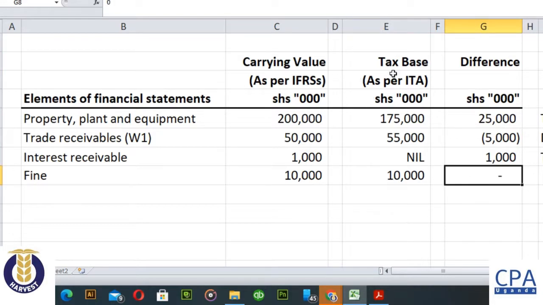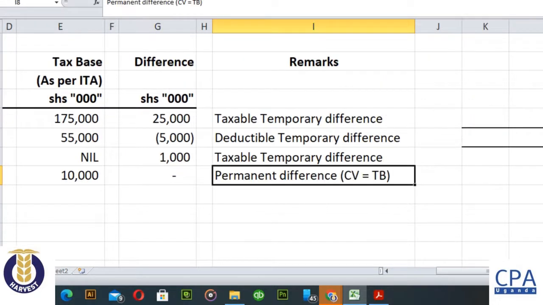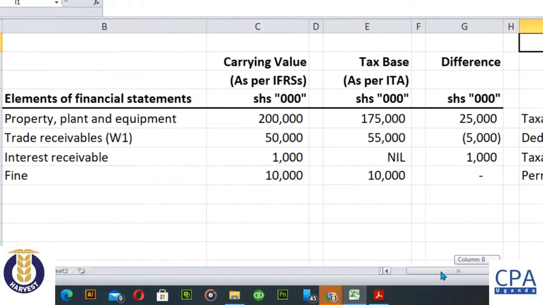The tax base and the carrying value are taken to be the same, so we don't have any difference there. This leads to what we call a permanent difference. The carrying value is equal to the tax base, so there is no temporary difference for that item.